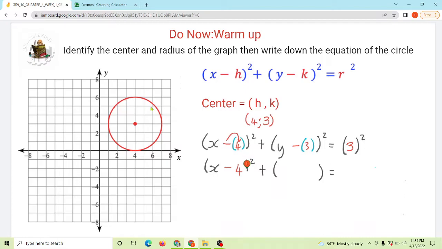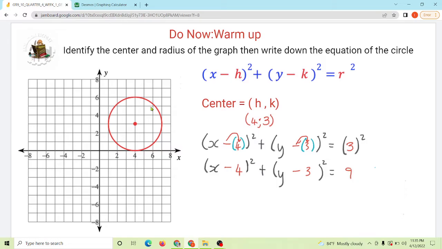And now, negative times positive. That is negative, right? So we have y, and we said that negative multiplied by positive, that is negative 3. And my square is still there. And of course, 3 squared, well, that is just 9. And there you have it.